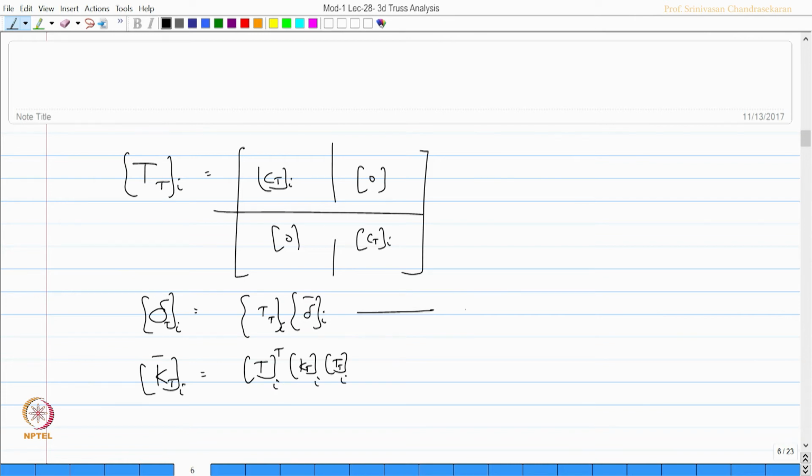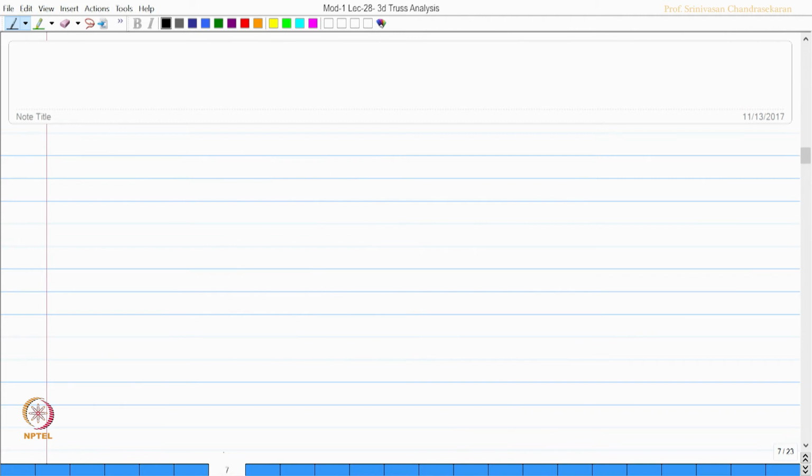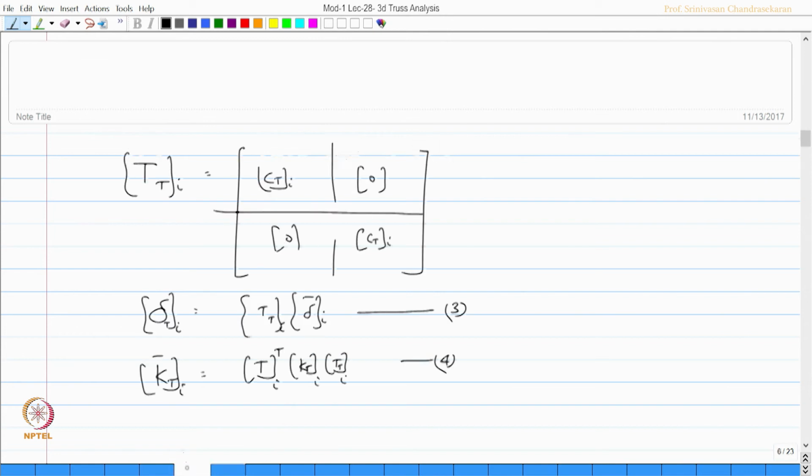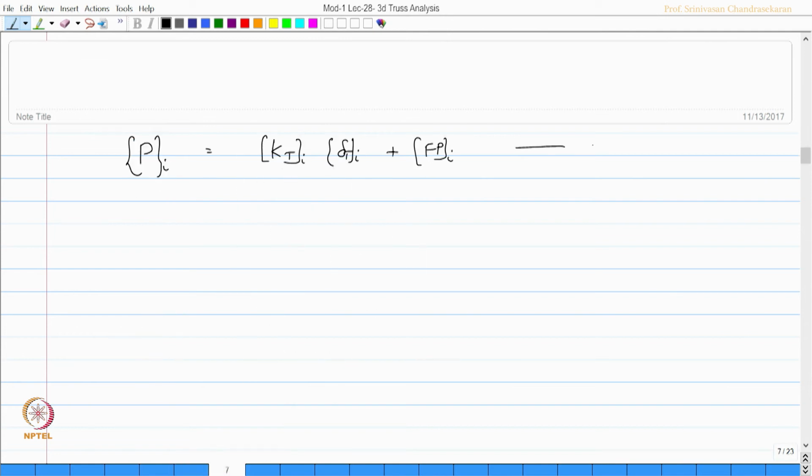So, I can call this equation number 34. Further, we can always say the forces in the ith member is K multiplied by the displacement of the ith member plus any joint load applied on the ith member, equation 5.